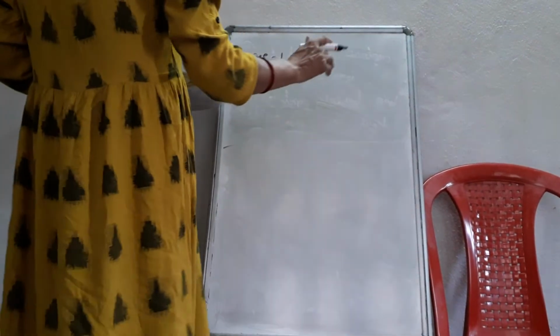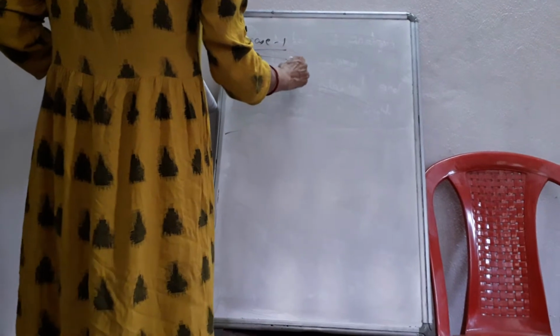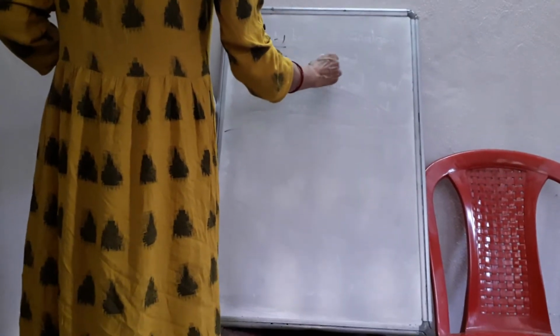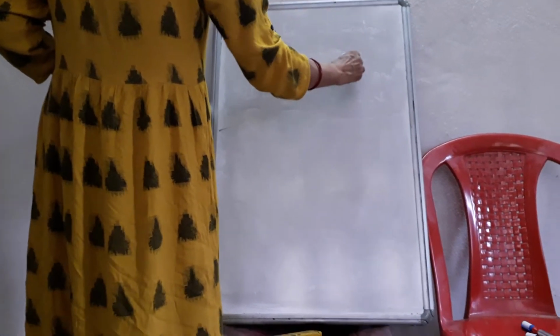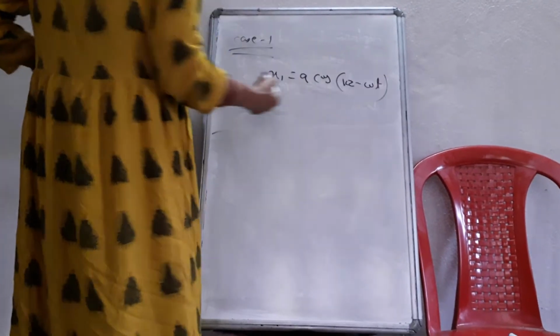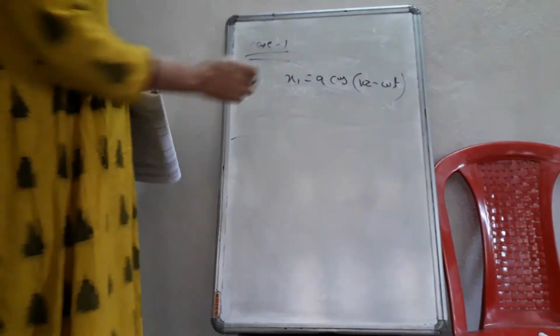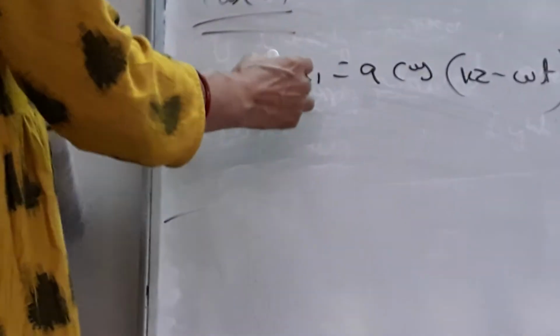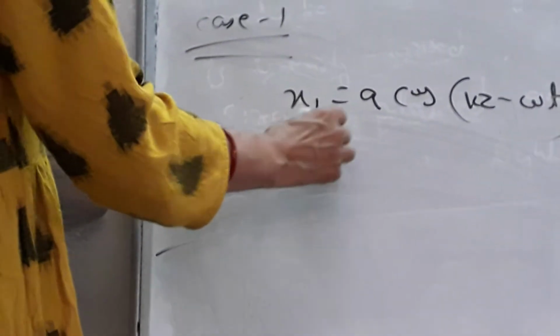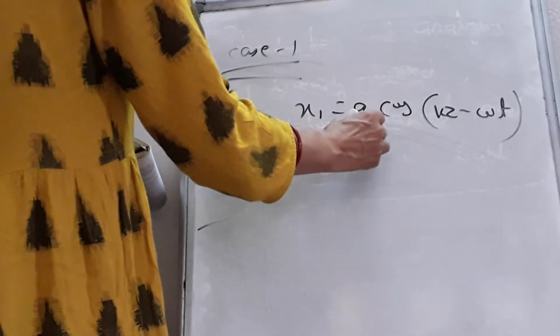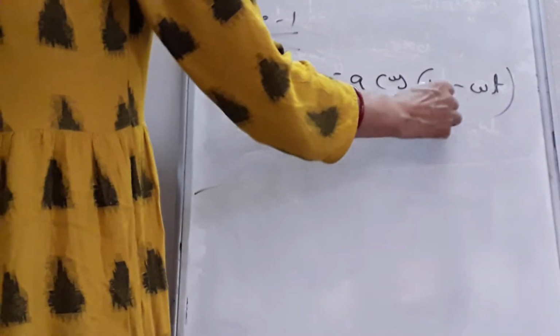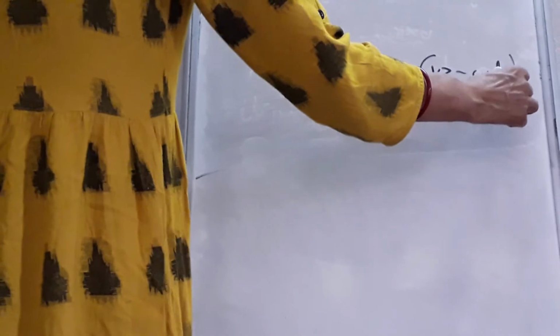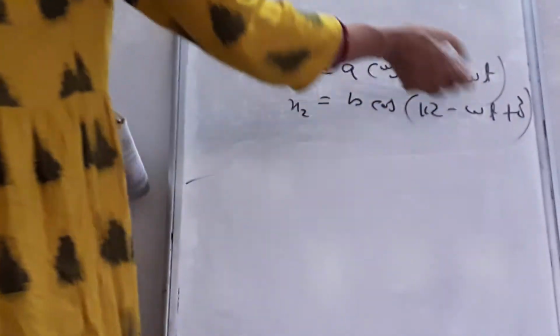Suppose for one polarized light the equation is x1 = a cos(kz − ωt). And for the second polarized light, suppose x2 = b cos(kz − ωt + δ). This δ is the phase difference.